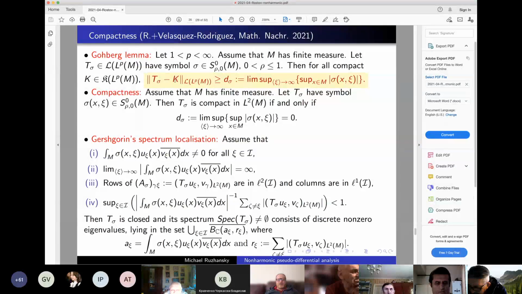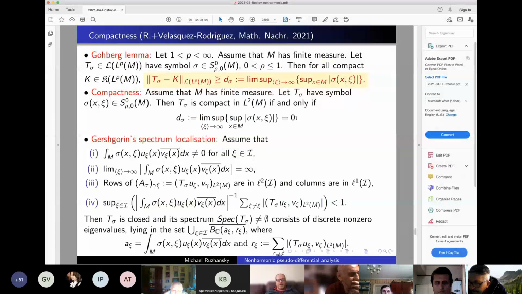So T sigma is our operator, and K is a compact operator, and then we prove a version of the Calkin lemma saying that we have a lower bound of the distance between the operator and the space of all compact operators, which is given in terms of the symbol. So in particular, this gives us a criterion of compactness. So an operator is compact if and only if its symbol goes to 0 at infinity. So this is similar to the usual case.